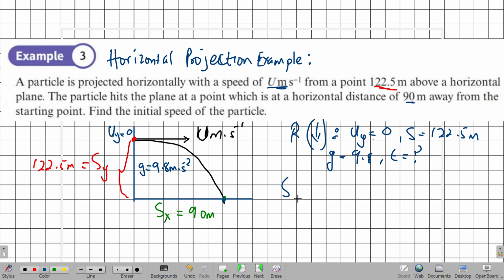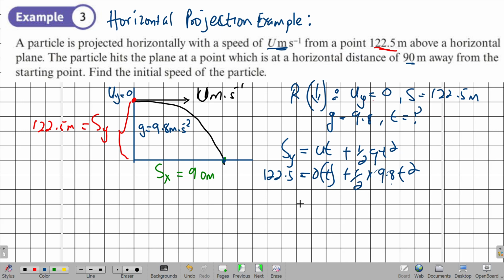So using our equations of motion, ut in the y direction plus half gt squared enables us to find t in this case. Since we know that initial velocity in the vertical direction is 0, this remains 0, plus half times 9.8 t squared. I've already calculated half of 9.8, which is 4.9, and this is equal to 122.5.